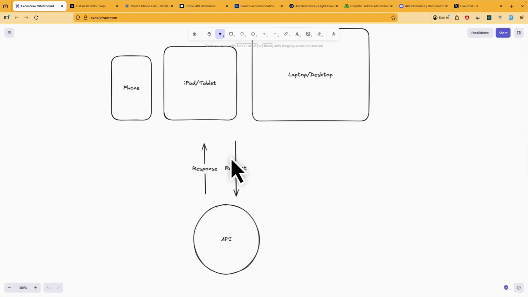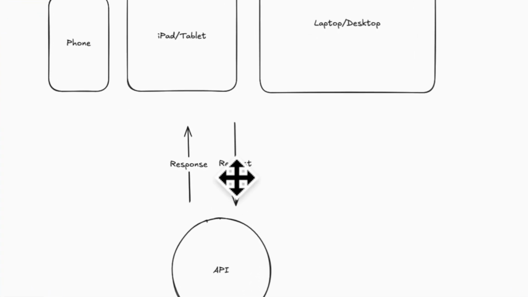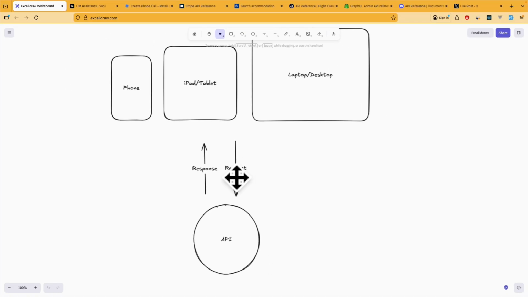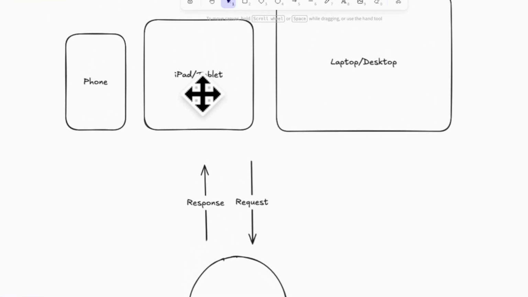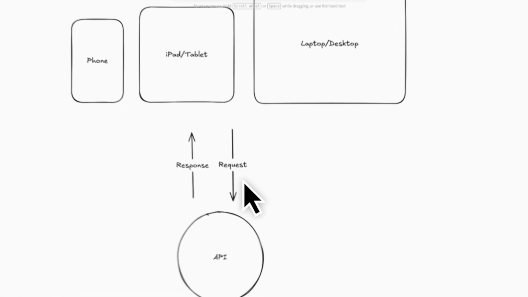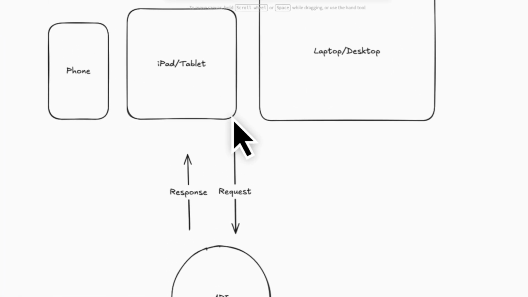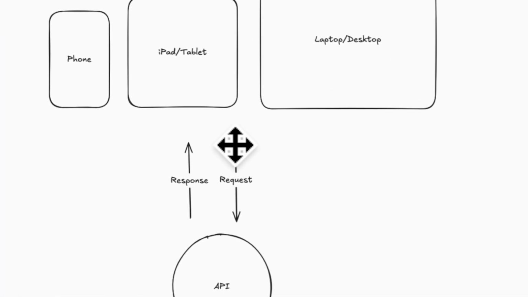The request, as I mentioned, may contain data. If you want to reply to someone, you send the request. You like a post, you send the request, and then you get the response. You update your profile, the avatar, the name, the email, and so on.